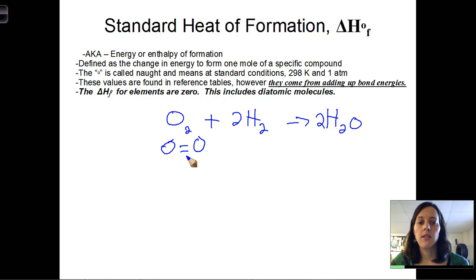We'll come back to this when we talk about our unit on bonding. So we have one oxygen molecule and we have 2 hydrogen molecules, which are only single bonded together. And they react to form our 2 water molecules.